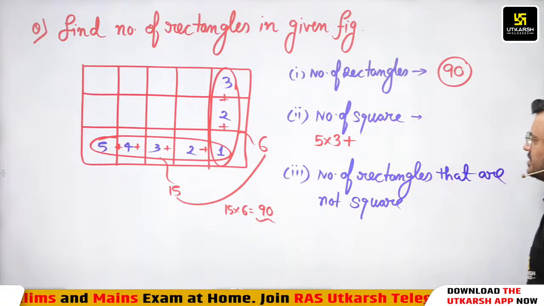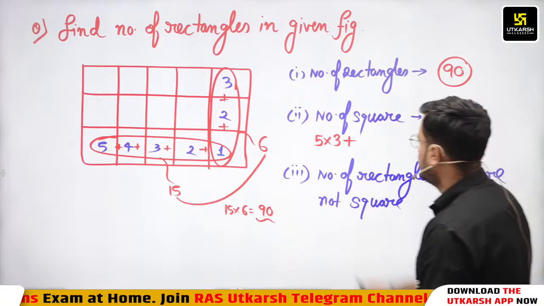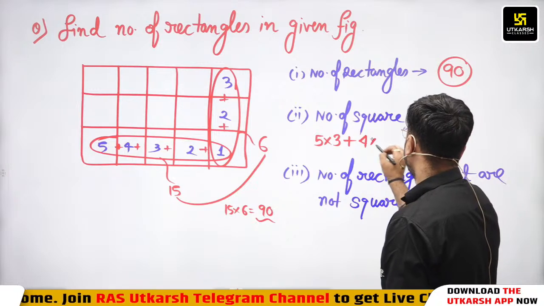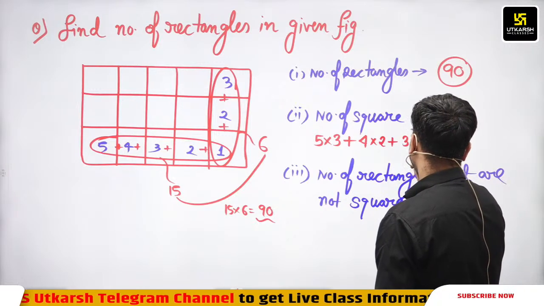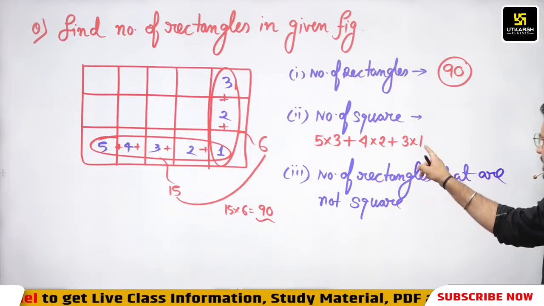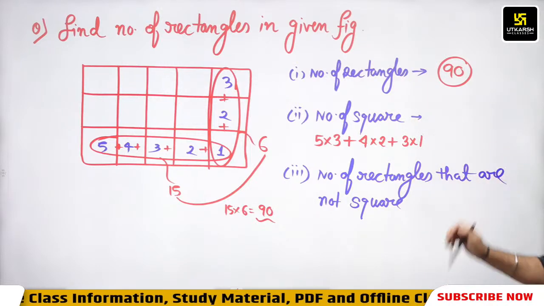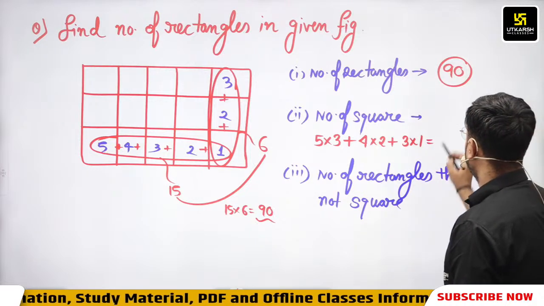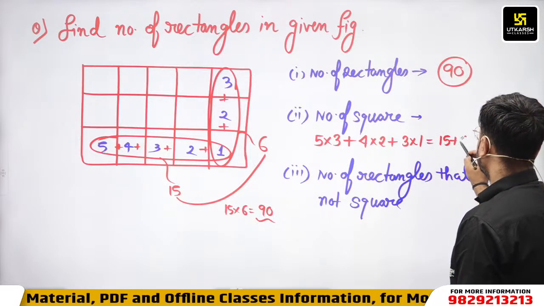Then we need to subtract 1 from both the numbers. So you will get 4 into 2, then subtract 1, it will become 3 into 1. Now if I subtract 1 from 1, it will become 0, so we need to stop here. And then add all these numbers, 15 plus 8 plus 3.